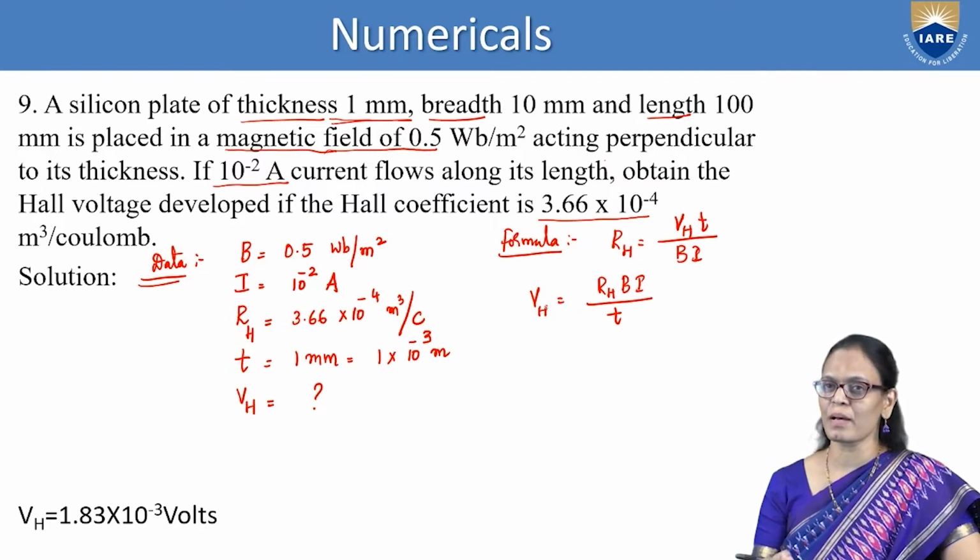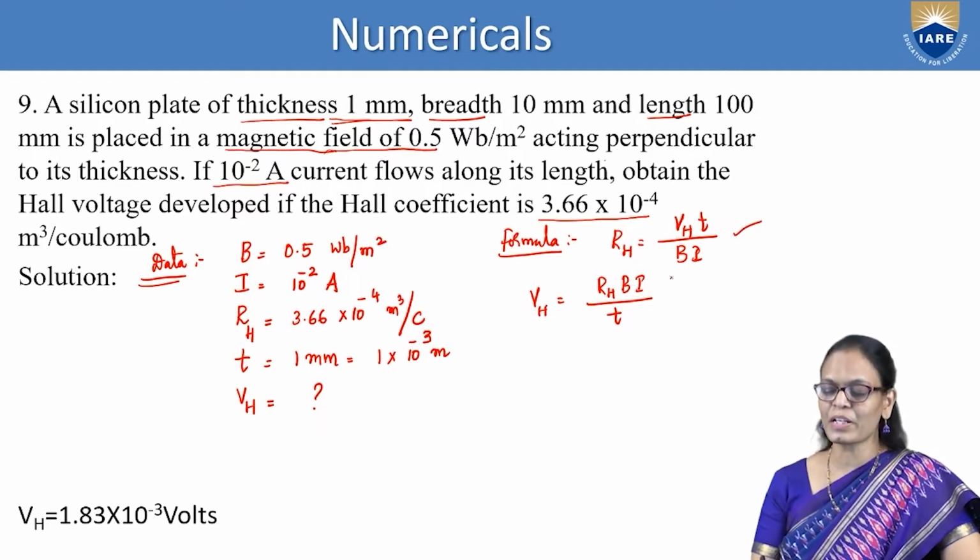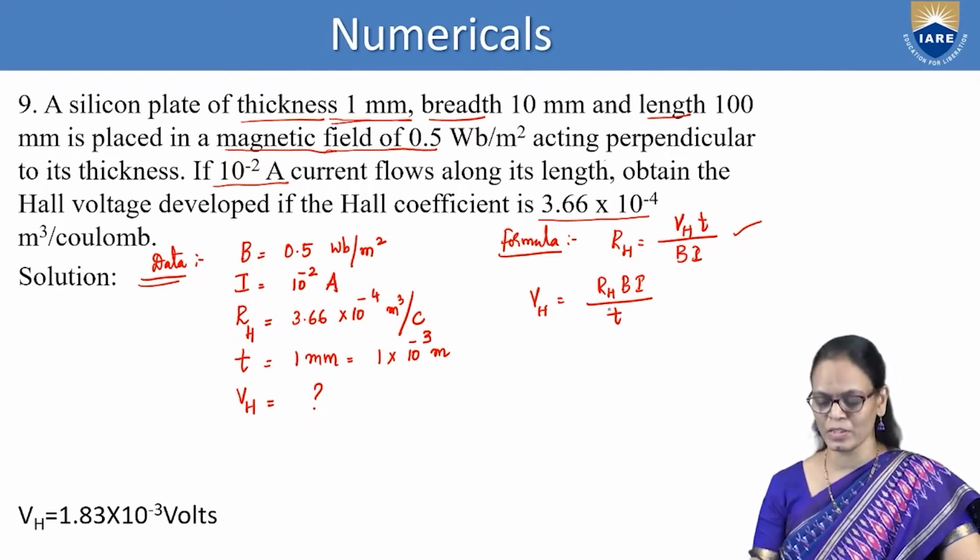Otherwise, in examination, you may have confusion regarding what is there in the numerator and what is there in the denominator. So I am always using the standard formula RH. One formula I will remember. So from here I can deduce VH, I can deduce T, B, E, I. Any formula I can write from here. So I am remembering only one basic formula RH. So VH is equal to RH into BI upon T.